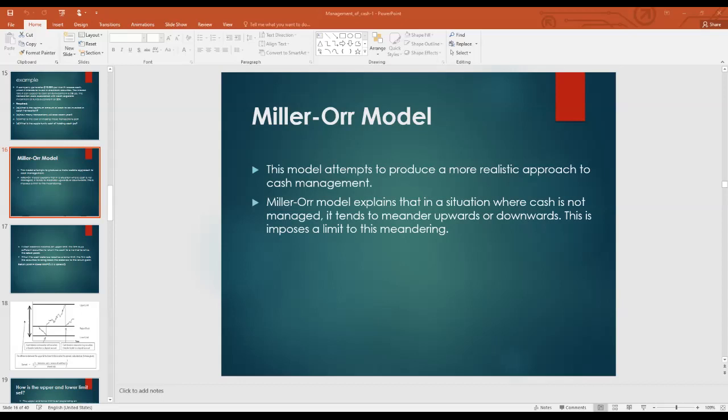The issue comes in if the cash balance goes below the lower limit or goes above the upper limit. So what you want the model to establish is, for a particular company, what its maximum cash balance is and what minimum cash balance it has to have.